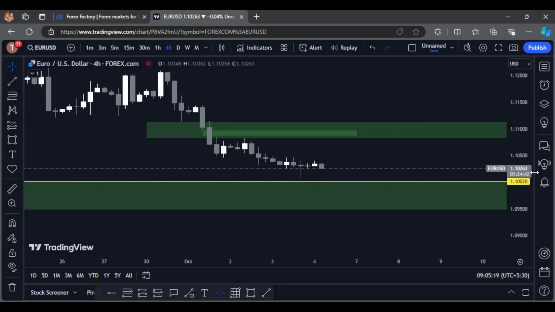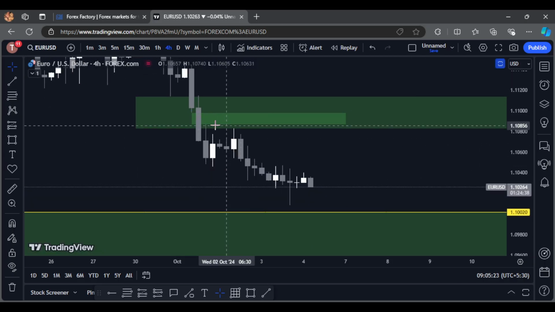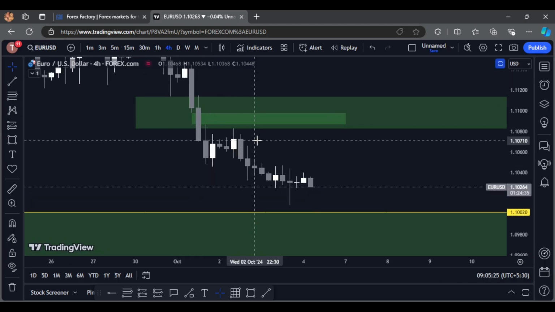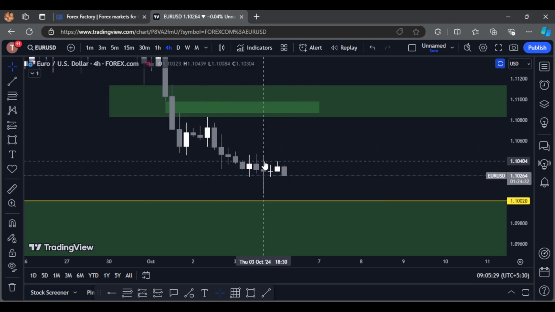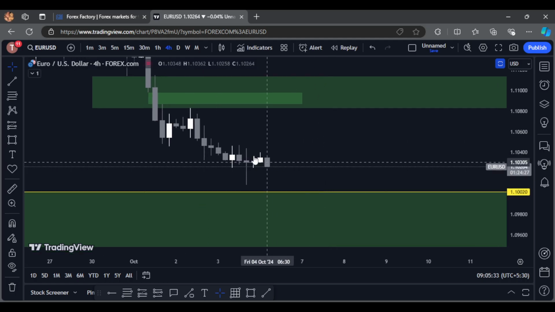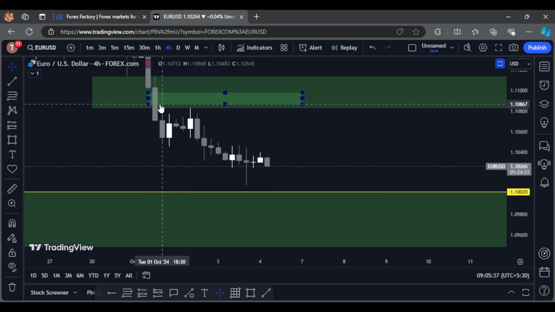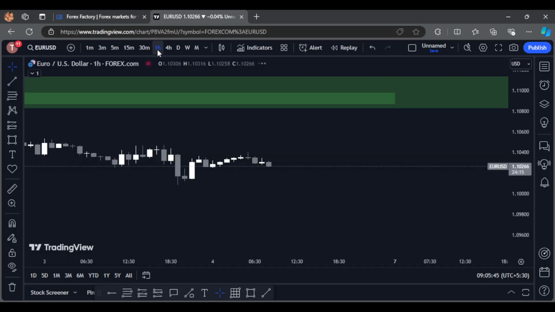As we move into the 4 hours, we can see that this is the closest FVG from this liquidity area. And apart from that, there is no unmitigated FVG or FVG made into the price action right now. So if the price moves into the upside direction, most likely we are going to move all the way up here, and then we are going to see a possible response. So let's move to the 1 hour to see what do we have in here.